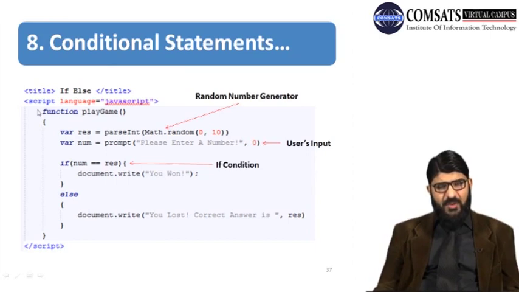So basically you are writing a script file, and inside the script code you are mentioning the function, and inside the function you are mentioning the variables and subfunctions, and inside the function you can also write the conditional statements if and else accordingly.